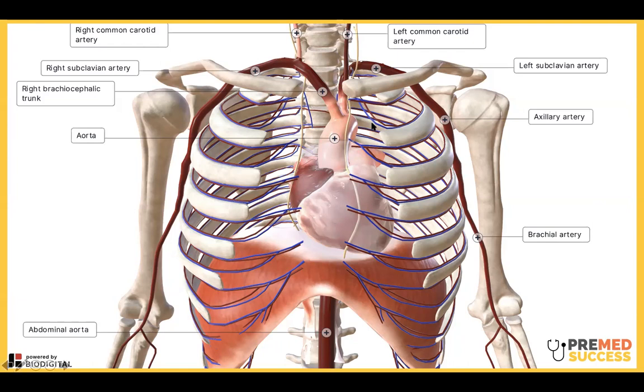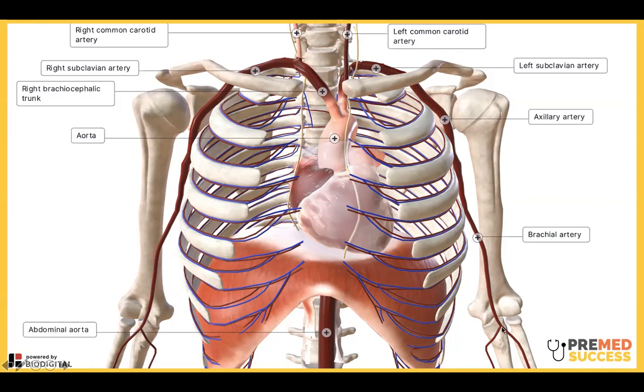Also, an interesting thing to note about the cardiovascular system is that in the past when people were naming it, they were very indecisive. So you'll notice that this left subclavian artery, if you follow it down, it's continuous. It just changes name and it becomes the axillary artery. And then again, it changes name and becomes the brachial artery.